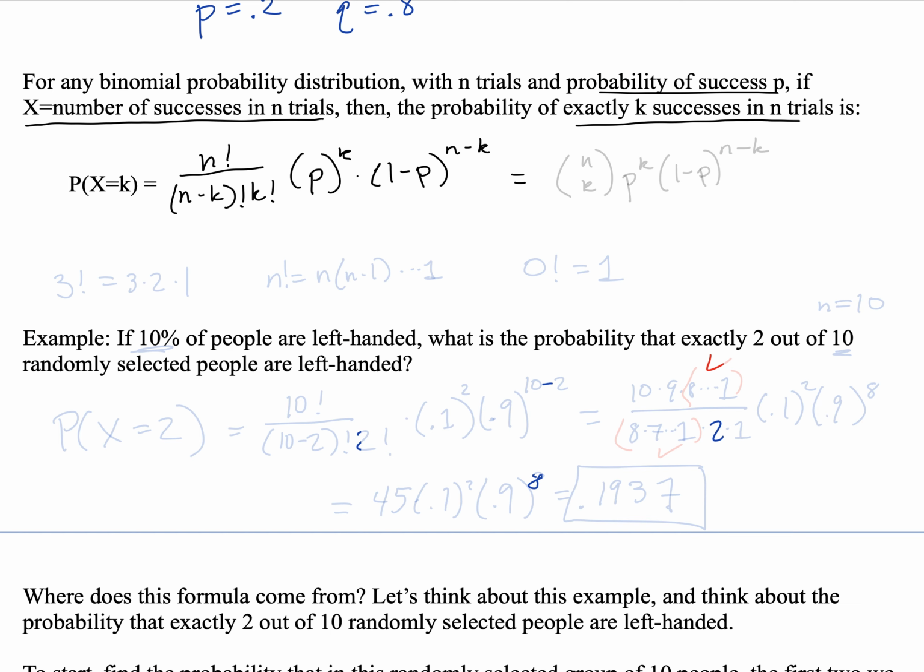This can also be written as n choose k times p to the kth power times 1 minus p, the probability of failure, to the n minus kth power.